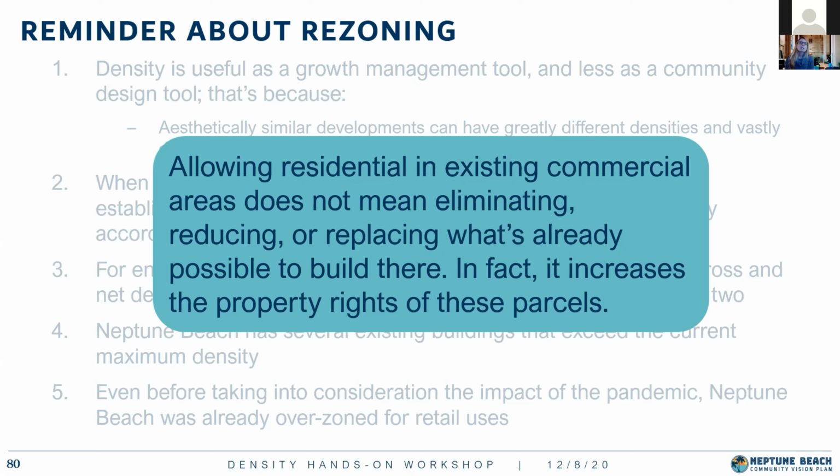Just because you allow residential doesn't mean you're not allowing the same amount of commercial that was already permitted in the zoning. One thing doesn't replace the other. In fact, it just increases what's possible to do on any given site. And if you want to guarantee a certain amount of commercial, that's also something you can include in your zoning code, in a particular area or for a particular redevelopment area, for example.